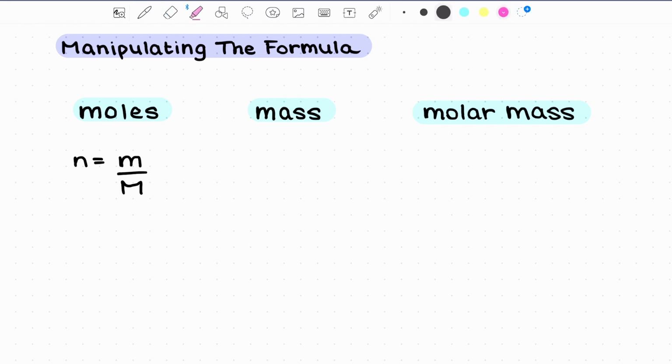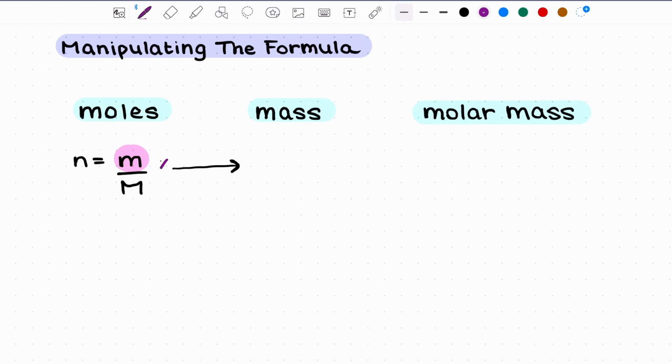So I provided us with our default here, where moles is equal to mass divided by molar mass. The first thing that I like to do when manipulating for something else is I like to highlight what I actually want on its own. And in this case, I want mass on its own. Well, what I always like to ask is, what is currently attached to my mass that I need to move? Well, mass is being divided by molar mass.